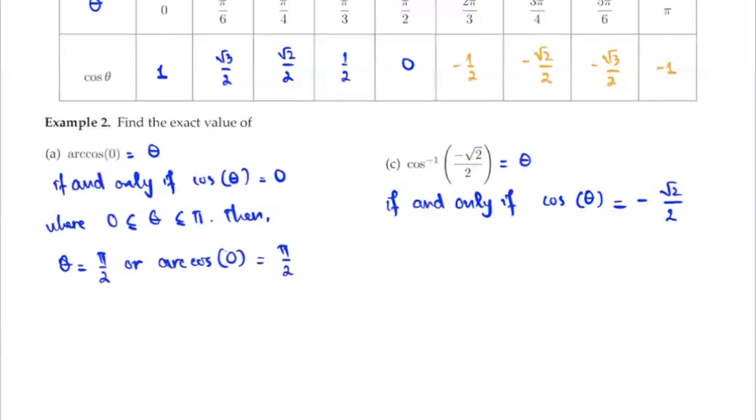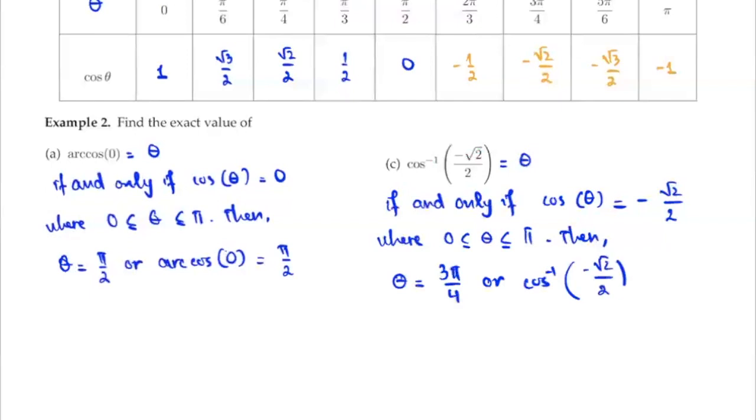And again, the value of theta is between 0 and pi only in this case. So then we look at the table, you can see that theta is equal to 3 pi over 4, or the inverse cosine of negative root 2 over 2 is equal to 3 pi over 4.